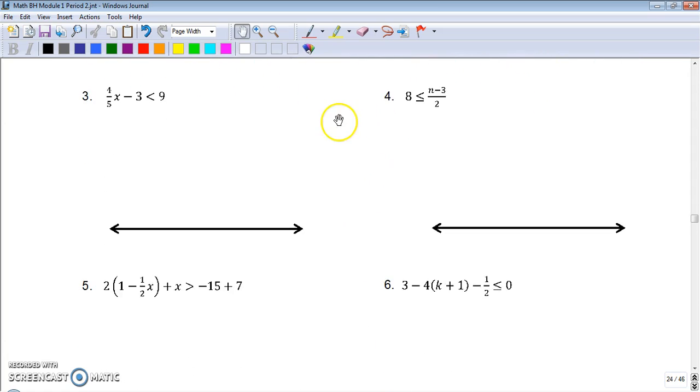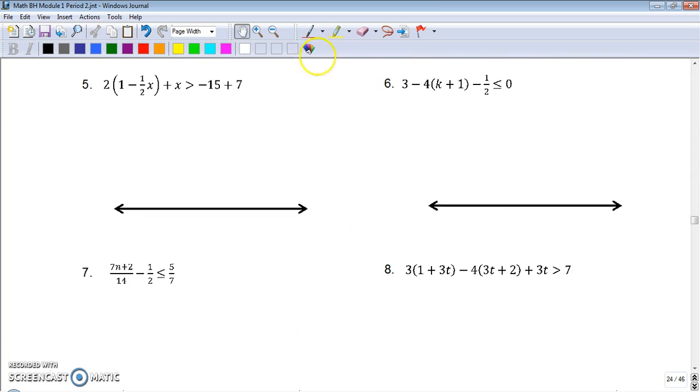Let's skip down and look at a different type of problem, number 5. I'm not going to fraction bust because I'm kind of noticing that this might fraction bust itself. 2 minus x plus x greater than negative 15 plus 7. All right, so we're back to what we saw with equations, which is sometimes the variables cancel.